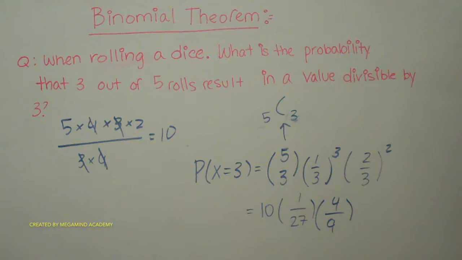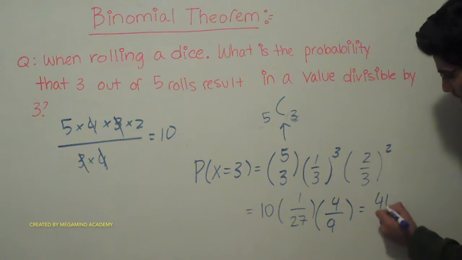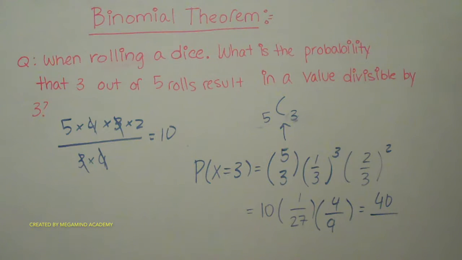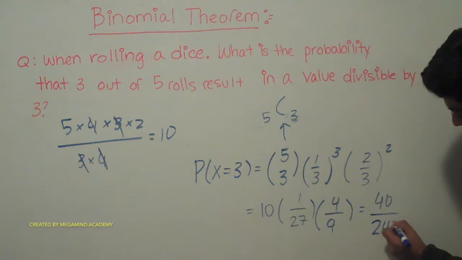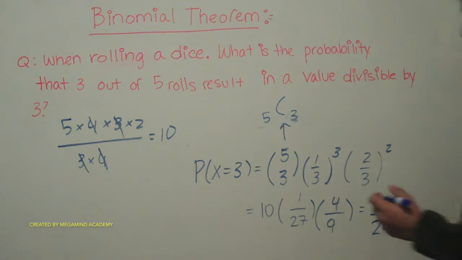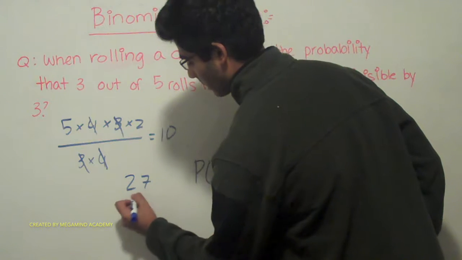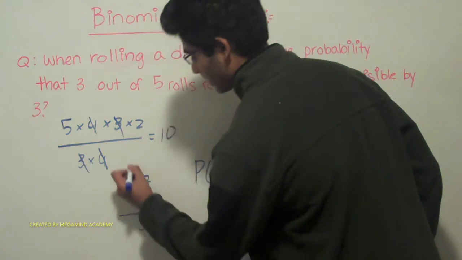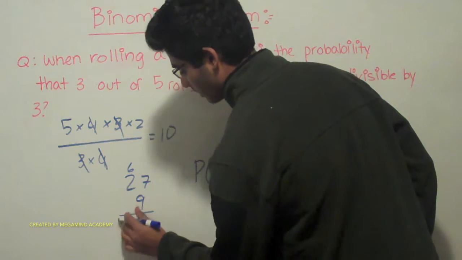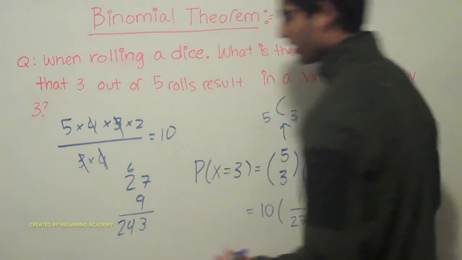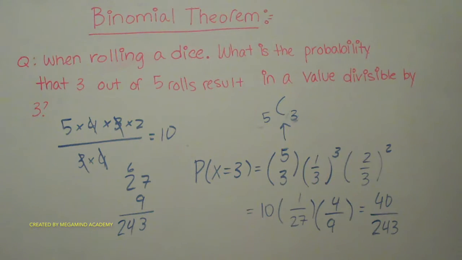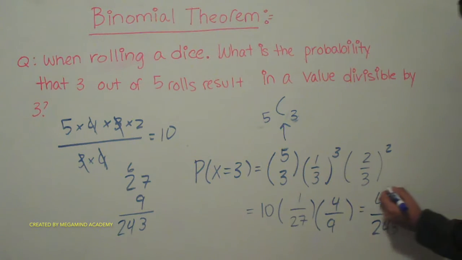Okay, so we get 40 over some value. Once again, I don't have a calculator on me, so we're going to have to solve this out. Actually, this becomes 243. But to make sure that we did it right, let's do this on the side. 27 times 9, we get 243. Yes. So we get 243 in our denominator. So the answer to this problem is 40 over 243.